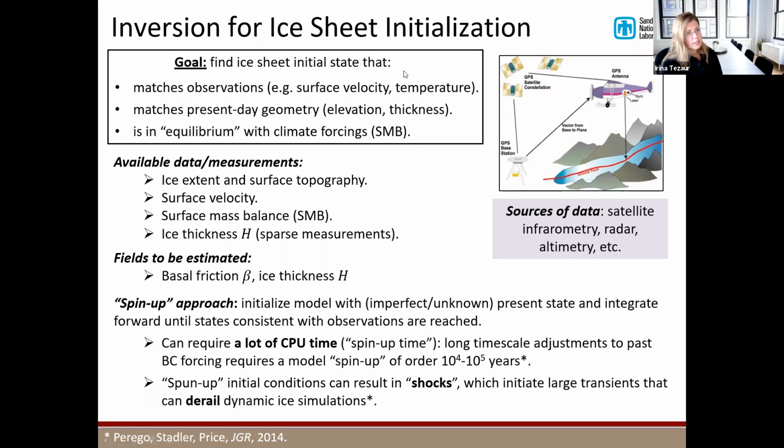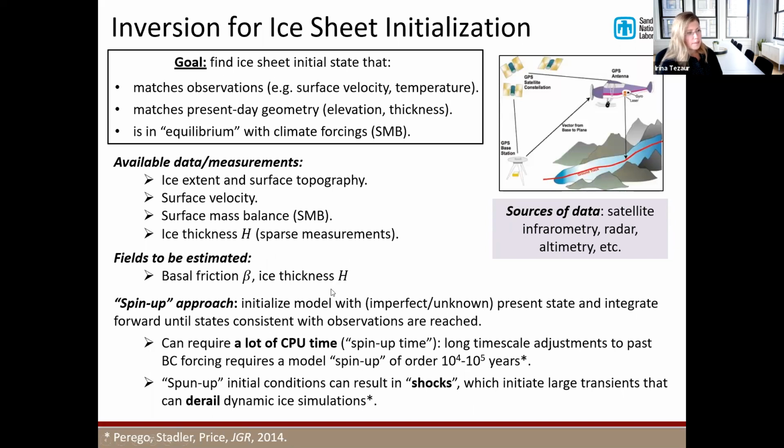We want to find the ice sheet initial state that matches observations, matches present day geometries, in equilibrium with climate forcings. There's a lot of data available for this, but most of the data is at the top surface: ice extent, surface topography, surface velocity, surface mass balance, and sparse measurements of ice thickness. So we want to estimate fields like the basal friction, and we want to fill in the thickness where we don't have it.